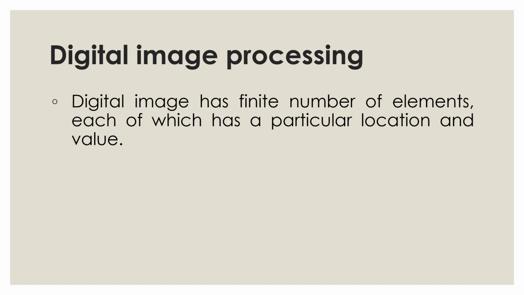So let's now understand what is digital image processing. We have understood what a digital image is. Now we'll see how digital image processing is done. A digital image has a finite number of elements, each of which has a particular location and value. The pixel location is represented with x and y and the value is represented with the function f.